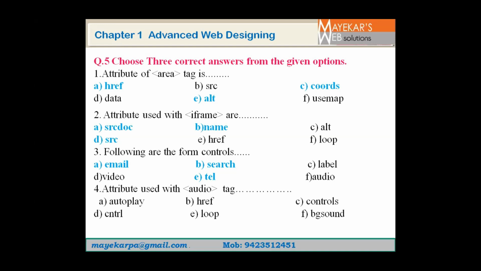Next, cntrl, no, it's not valid. Loop, yes, it is right. Loop is an attribute used to repeat the audio a number of times. So three attributes are valid: autoplay, controls, and loop. These three attributes are applicable for the audio tag.